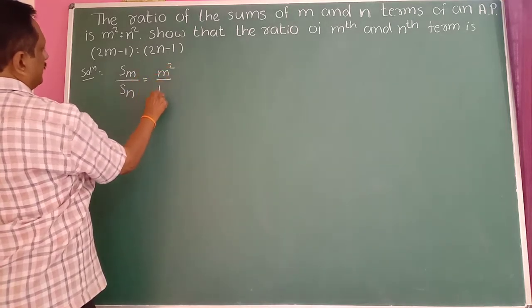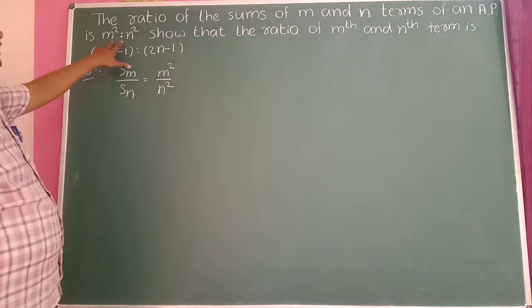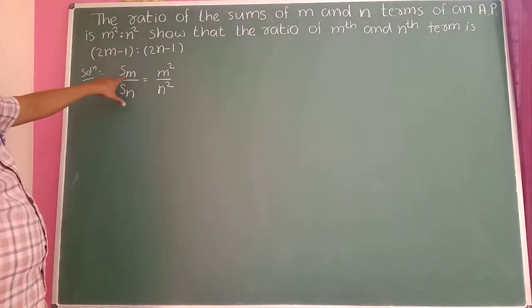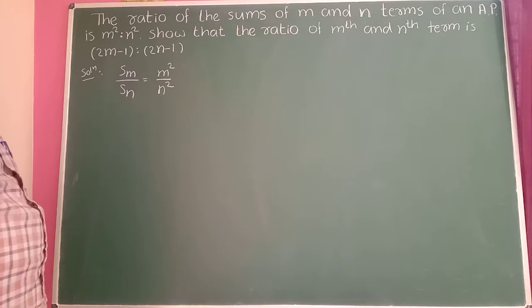m square divided by n square. The ratio m square is to n square. Therefore, Sm upon Sn is equal to m square by n square.